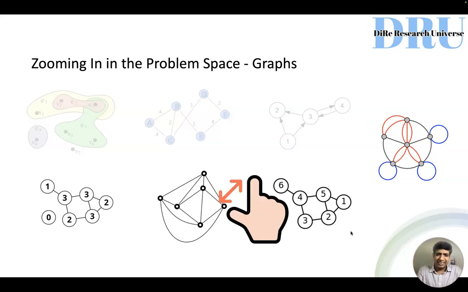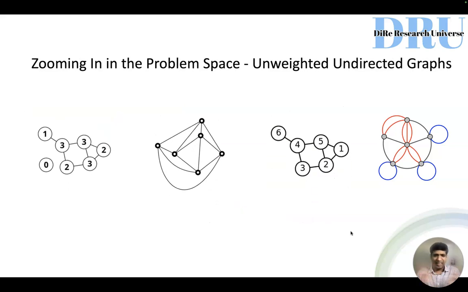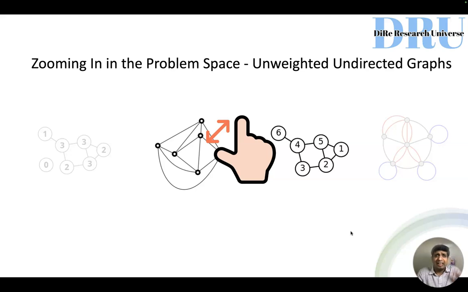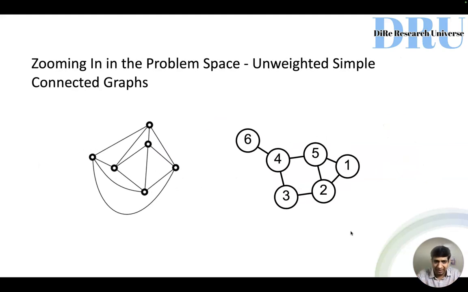But I decided to focus on unweighted, undirected graphs, and I was a happy camper because a huge family of graphs were already removed from consideration. However, unconnected components and multiple edges and loops were creating a lot of headache while designing the algorithm. So I decided to focus on unweighted, simple connected graphs.